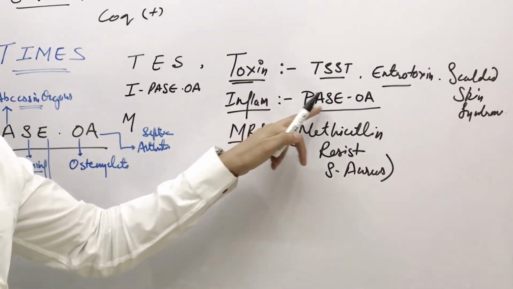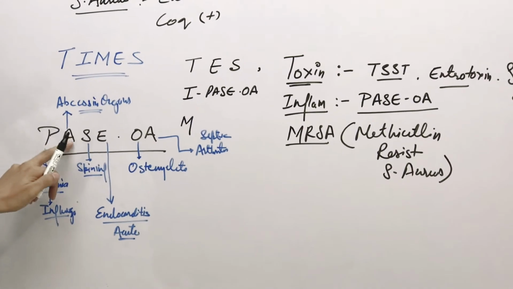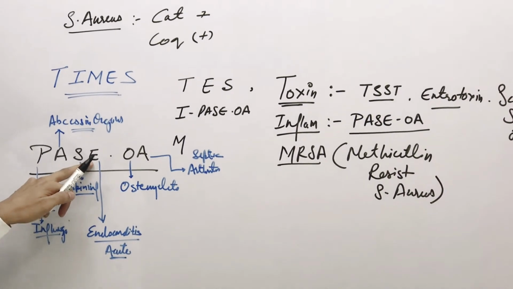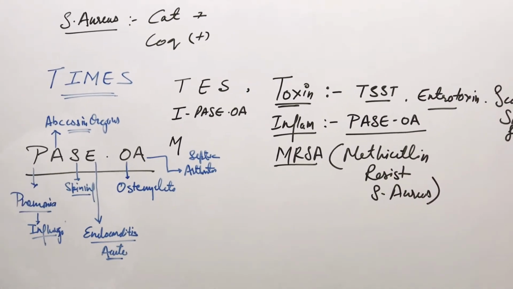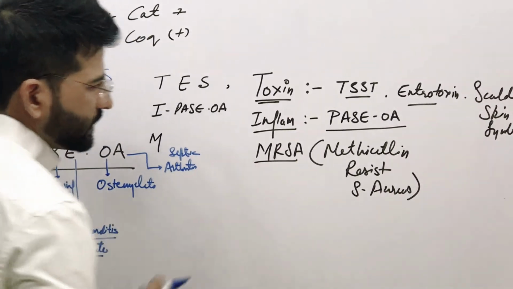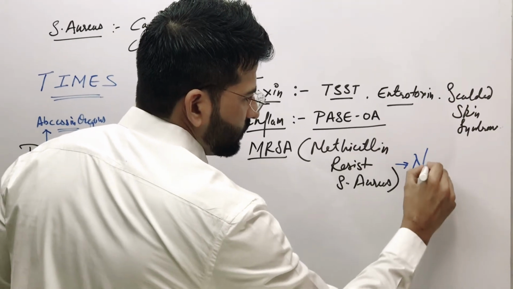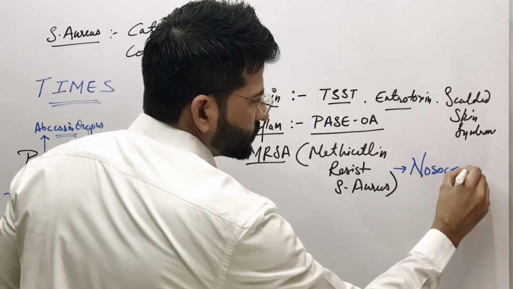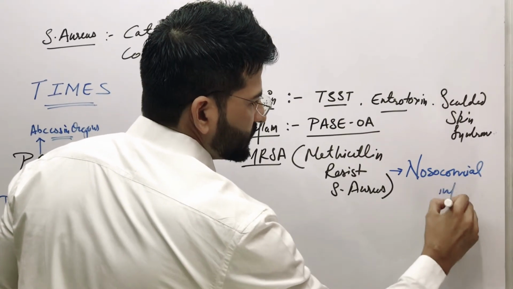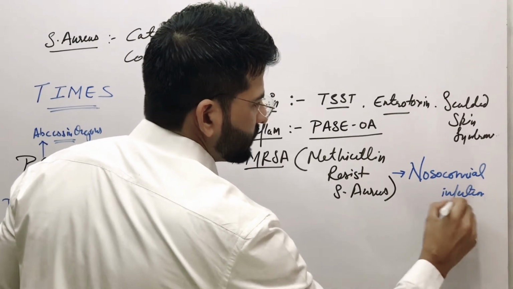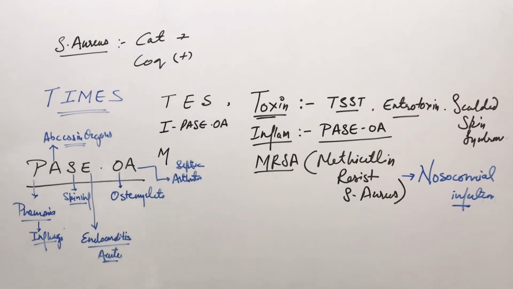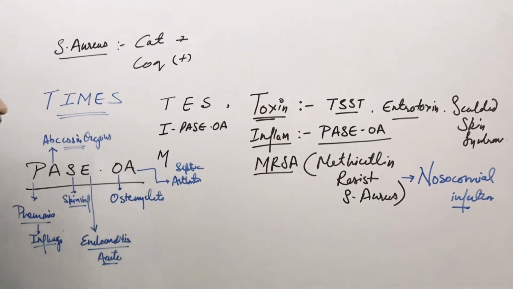Inflammatory disorders caused are PACE OA: pneumonia, abscess, skin, endocarditis, osteomyelitis and septic arthritis. Coming to MRSA, that is methicillin resistant staph aureus, it is one of the most common causes of nosocomial infections, that is hospital infections. So these are the three things which staph aureus is doing.